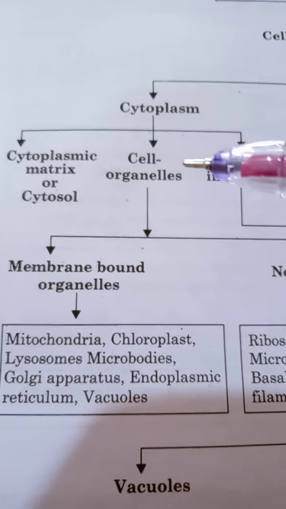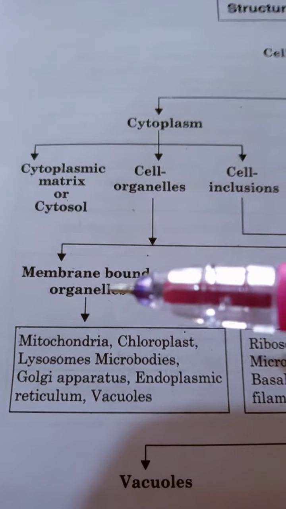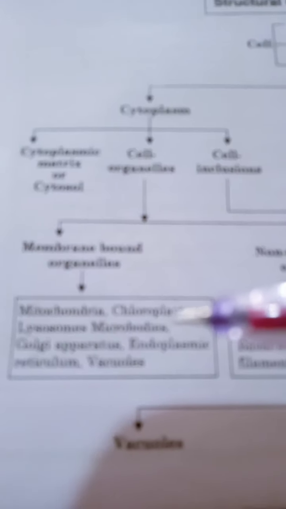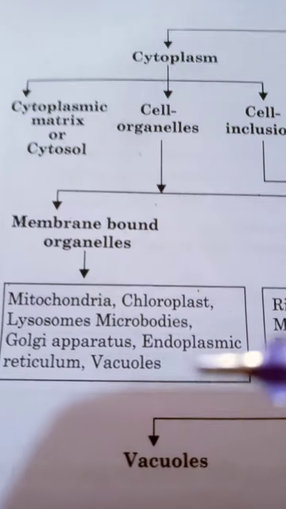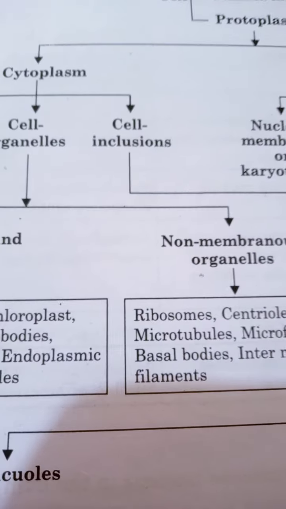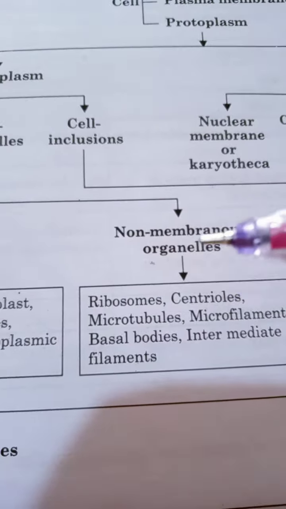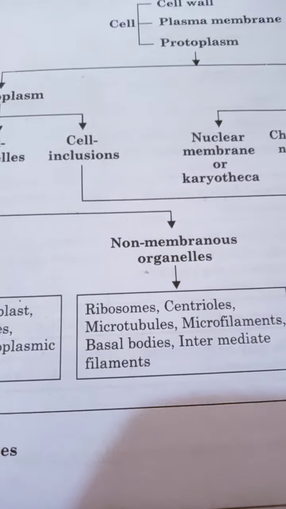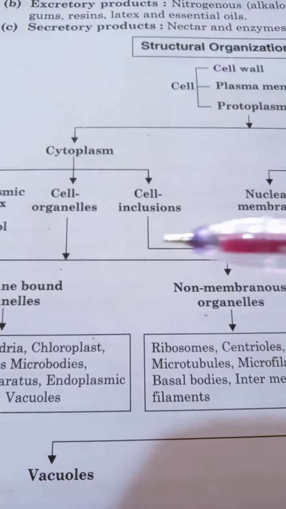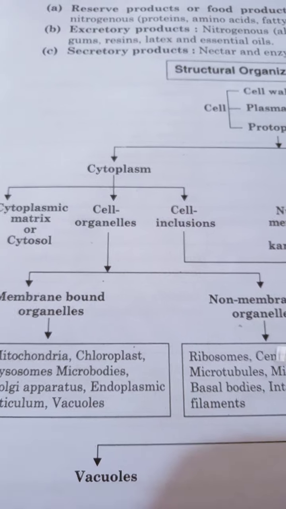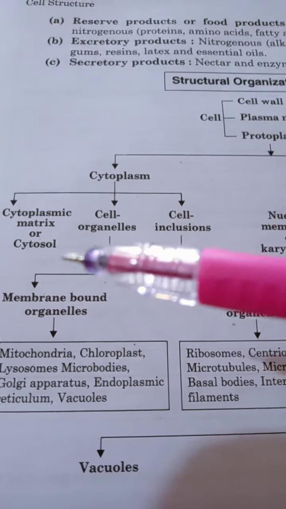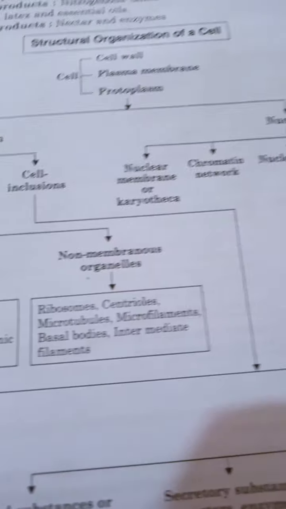That cell organelle may be further discussed under two subheads: membrane bound organelles like mitochondria, chloroplast, lysosome, microbodies, Golgi apparatus, endoplasmic reticulum, vacuole, or on the other hand, non-membranous organelles like ribosomes, centrioles, microtubules, microfilaments, basal bodies, intermediate filament, etc. So all these aspects could be grouped under the heading cytoplasm, which has cytosol, cell organelles, and cell inclusions.